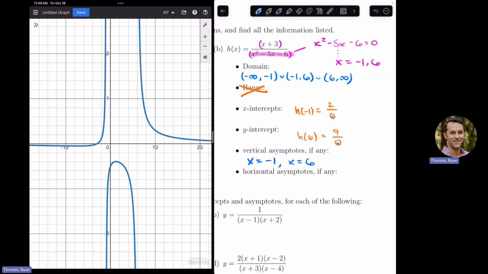Those are frowny faces. Drew them very small. But we have a thing that's undefined. And more to the point, if we have a thing that's undefined, that means that value can't be in the domain, so we exclude it. The way you exclude a thing with interval notation is you say, okay, what's okay then? Anything that's not -1 or 6. Here's the x-axis then. There's -1.